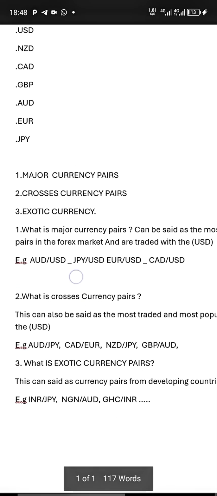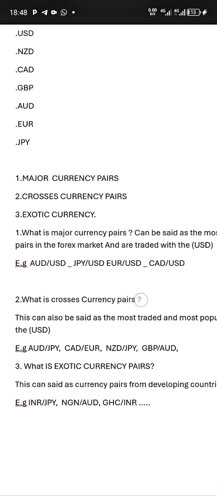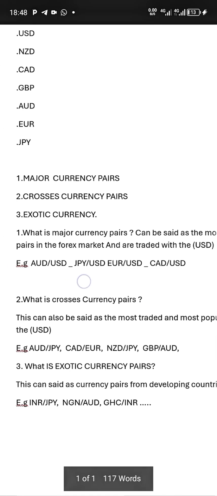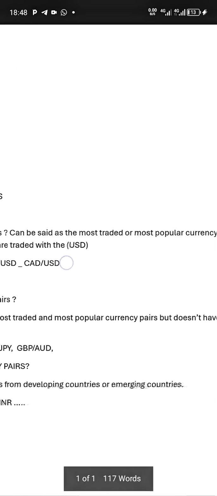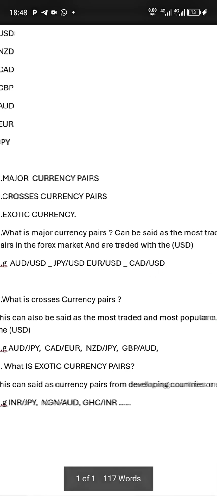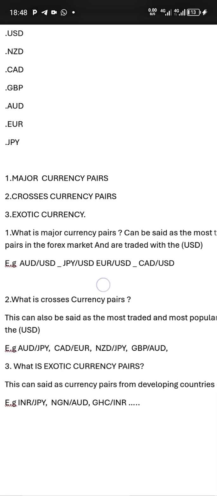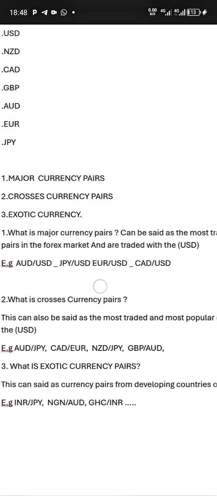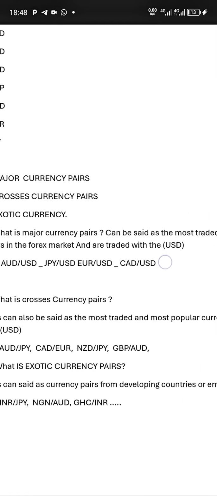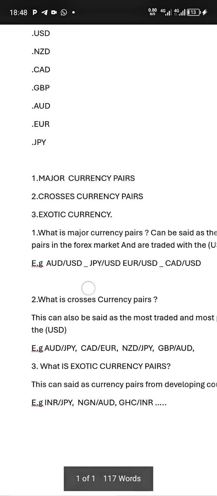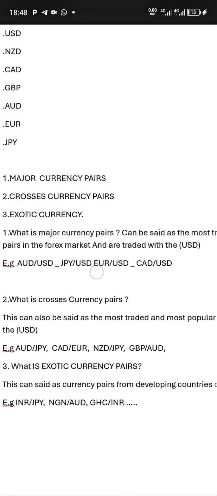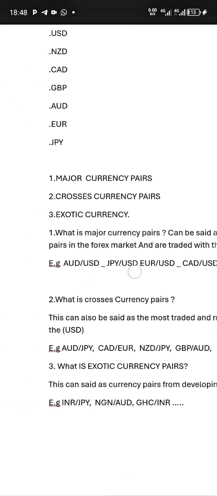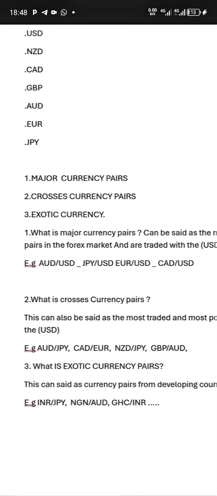But we're not done yet. It can be said that the most traded and most popular currency pairs in the forex market are traded with the United States dollar, the USD. This is what it's trying to say. These are examples.